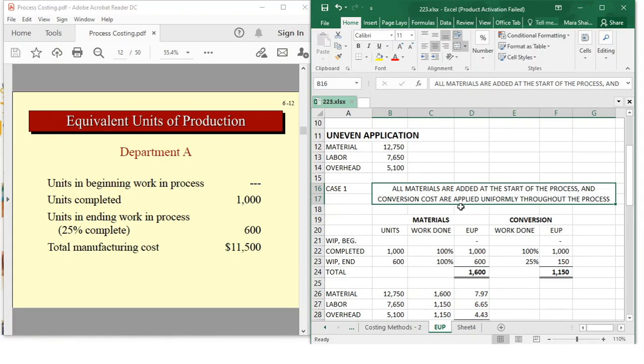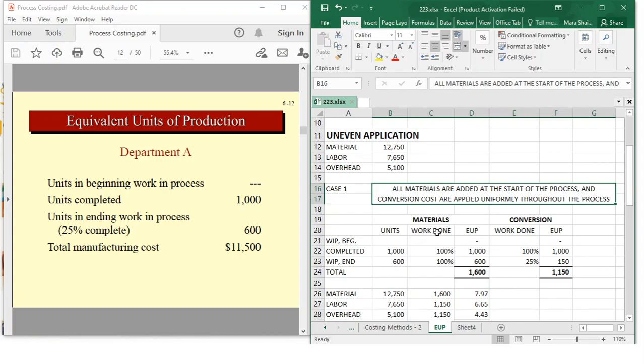And conversion costs are applied uniformly throughout the process. So again, applied uniformly is the even application or uniform application. Meaning, it follows your percentage of work done.